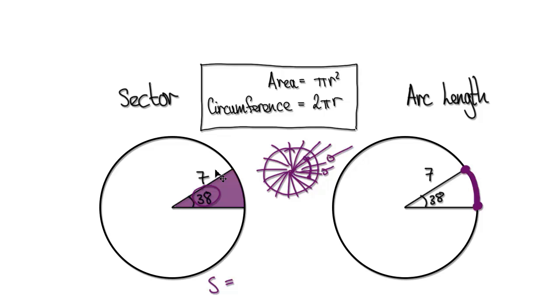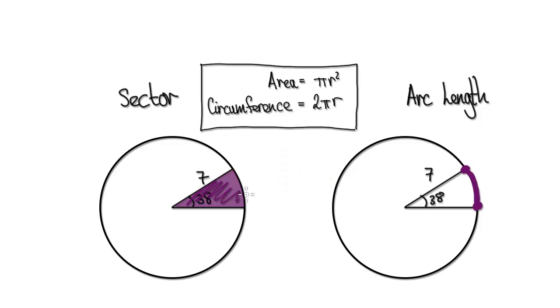So to work out the area of the sector, you work out the area of the whole circle, which is pi r squared.